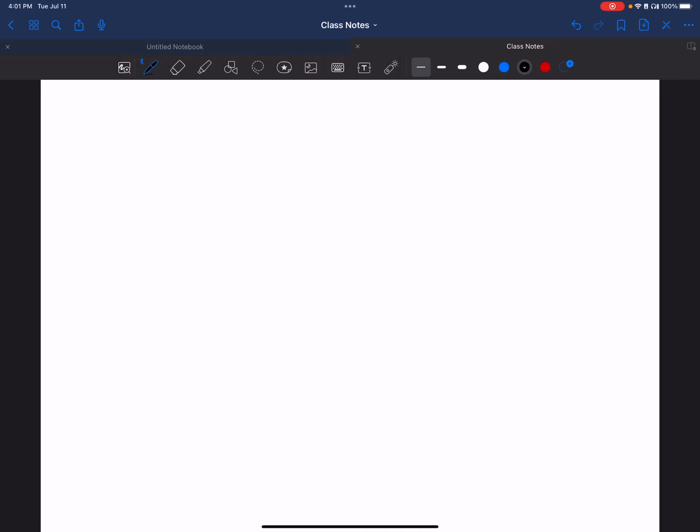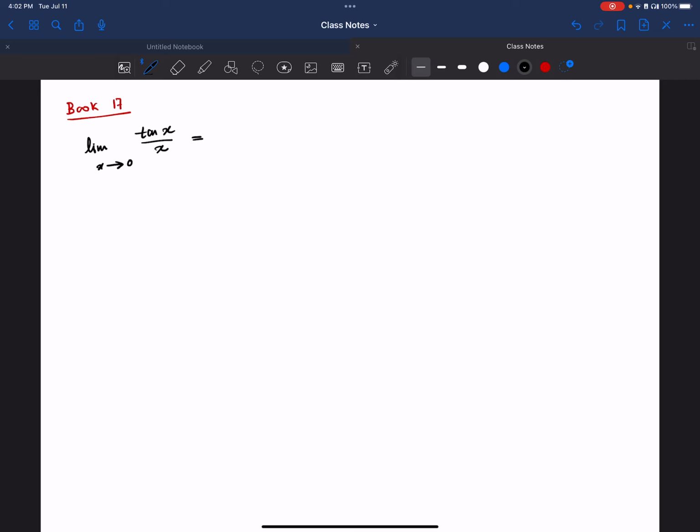On to another example. This is from the book, problem 17. The example is limit as x goes to 0 of tangent x over x. Now we don't have a theorem for tangent x, but we have a theorem for sine x.